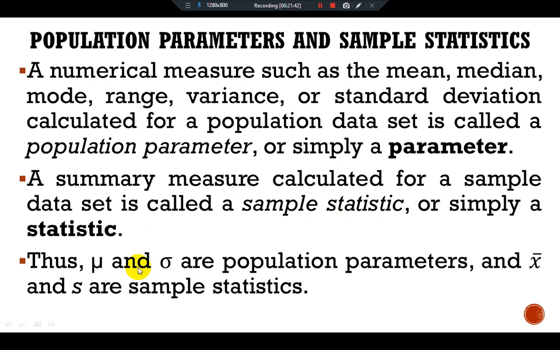We use mu and sigma for the population parameters, and x bar and s for the sample statistics.